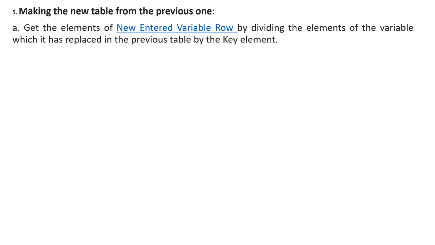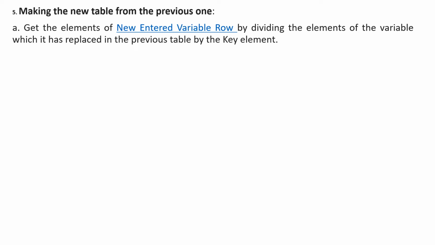Now next thing is how to make the new table from the previous one. For that, we first have to get the elements of the newly entered variable row by dividing the elements of the variable which it has replaced in the previous table by the key element. What is meant by that? x1 is entering and x1 has replaced S1 from the previous table, right? So my key element is 2.